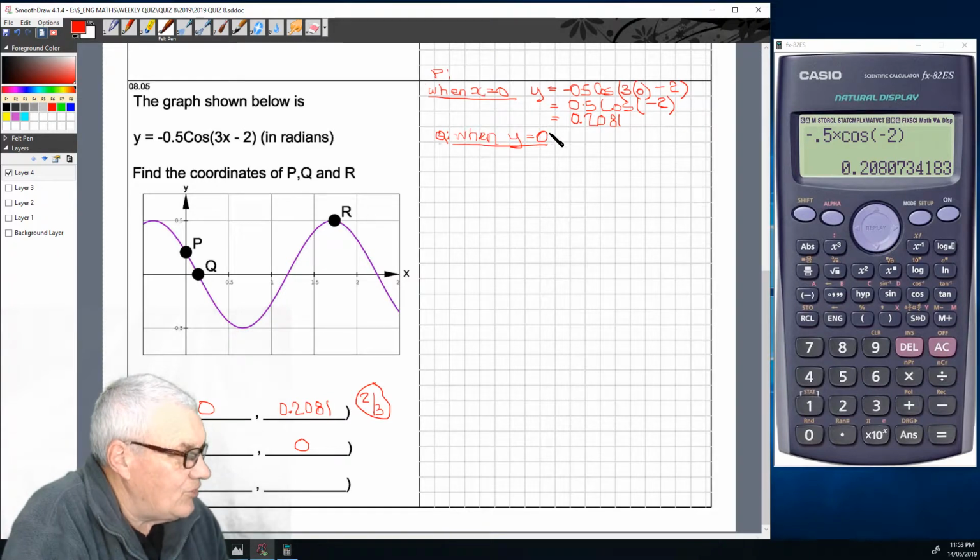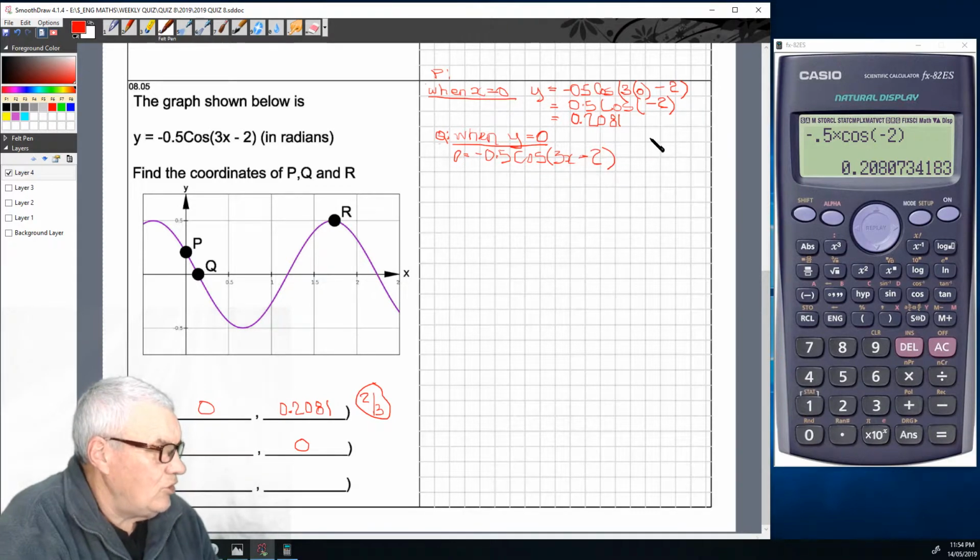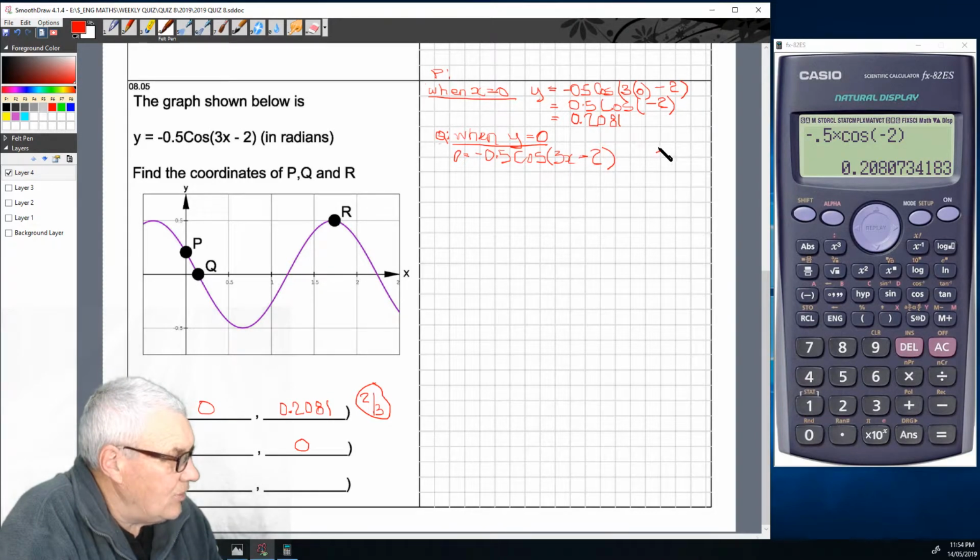okay, so that means that we've got 0 equals negative 0.5 cosine 3x minus 2. Okay, so we can divide both sides by negative 0.5.